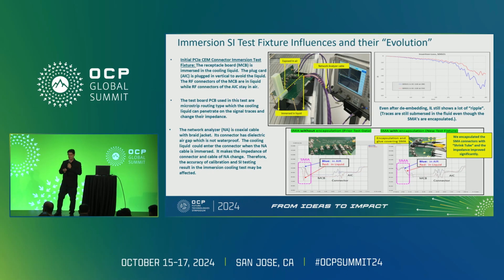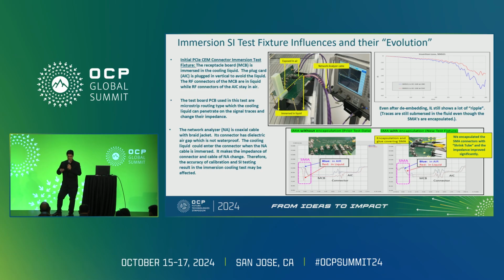This is a PCIe CEM connector and an add-in card. The add-in card was up out of the fluid, in the air, so there was no influence there. The CEM connector underneath, however, had a cable attached to an SMA. If you look at the SMA in the picture on the left, it's about a 25 ohm drop. So the first thing we thought was, let's try to encapsulate the SMA.